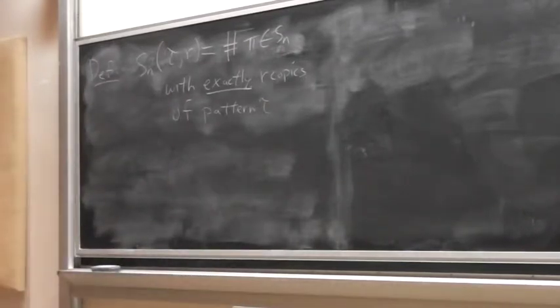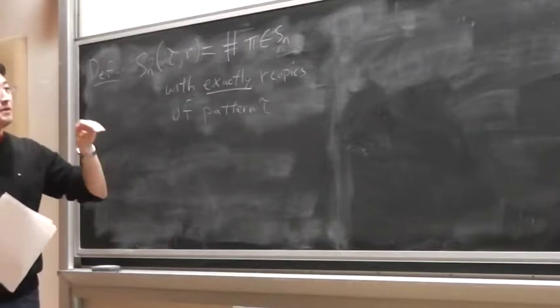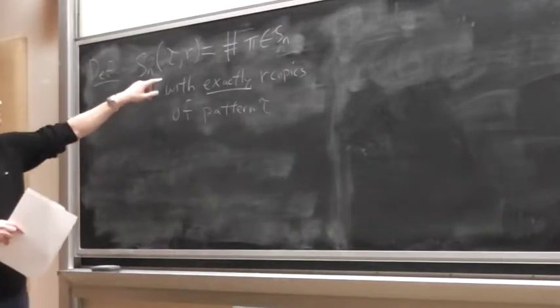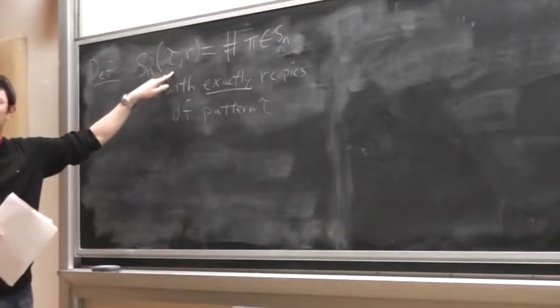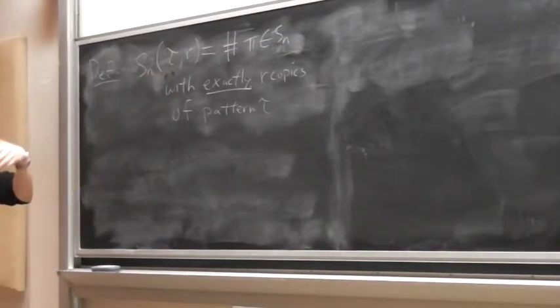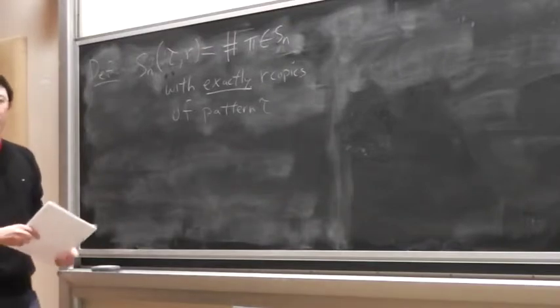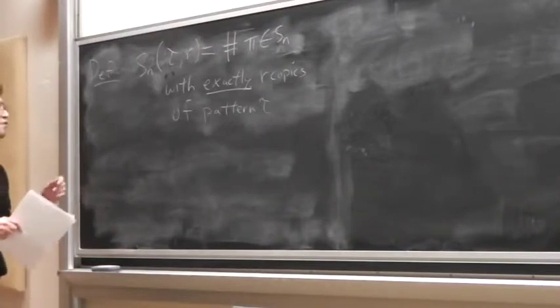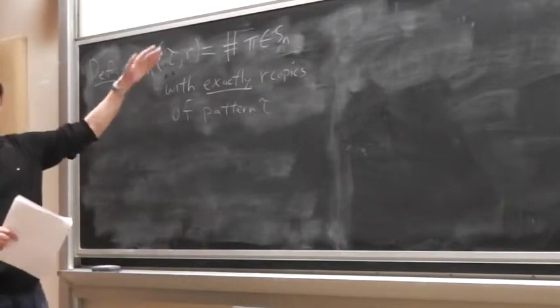And of course, the r equals 0 case is exactly avoidance. In this setting, even less is known. There's been some work done mainly for length 3 patterns. For length 3 patterns and small r, there's been a number of papers published on finding generating functions for very specific cases. But for the most part, until fairly recently, nothing beyond that.